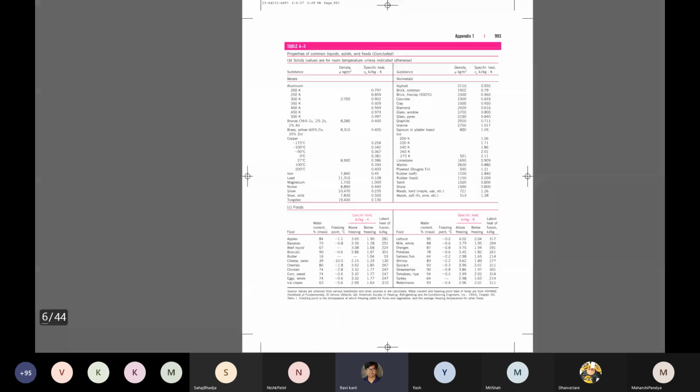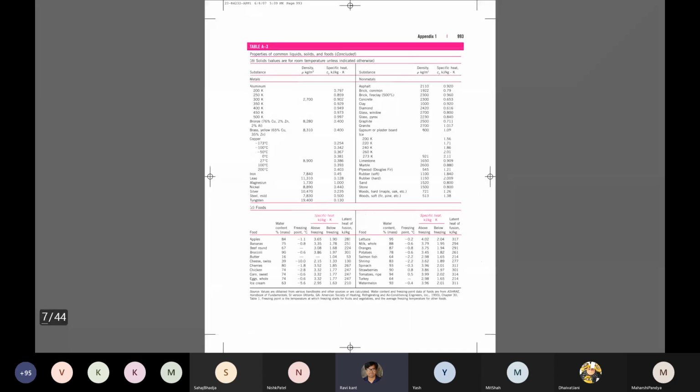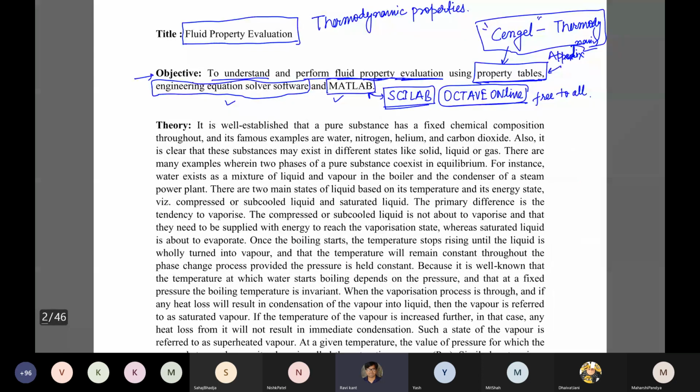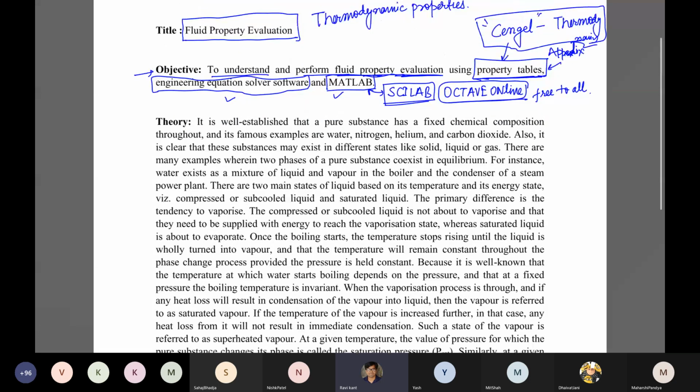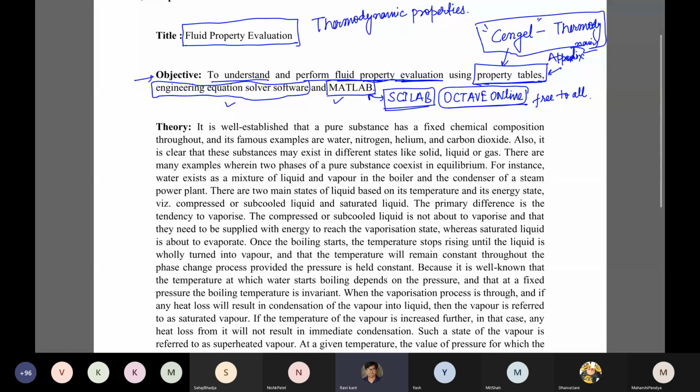So in order to understand fluid properties, we first have to understand the concept of a pure substance. I have a PPT to make sure that you can understand quickly.